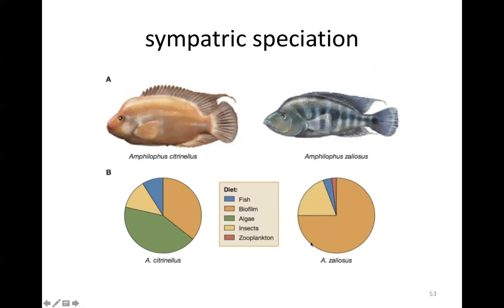Well, apparently they have different ways of finding food. So one focuses on biofilm, but also eats a lot of algae and uses different parts of the lake, whereas this guy mainly eats biofilm and some insects.